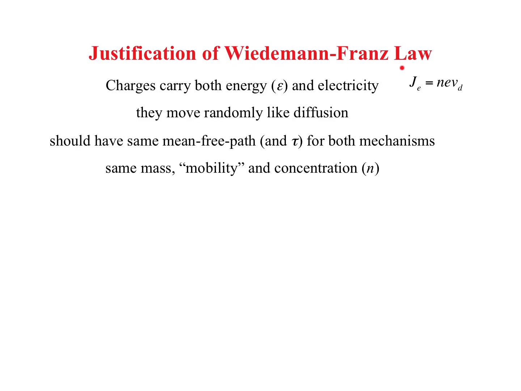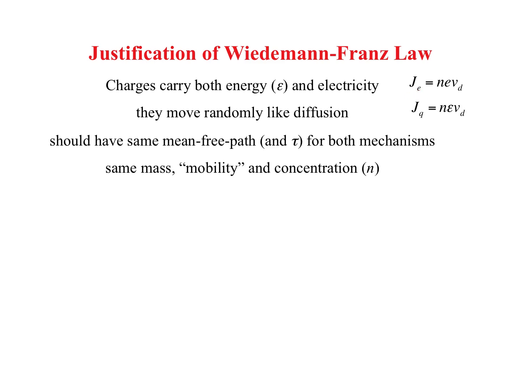The Wiedemann-Franz law can be justified by considering that electrons carry not only charges for the electricity, but also energy to transport heat. We saw that electrons that move randomly have a net drift velocity when placed in an electric field, providing a net current flux, which we write here as J sub E for electrical.